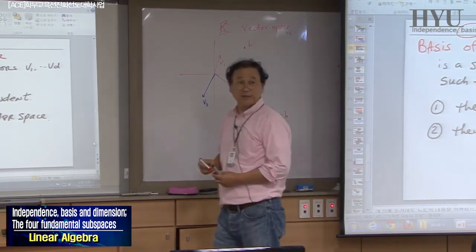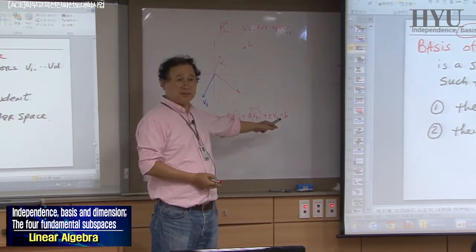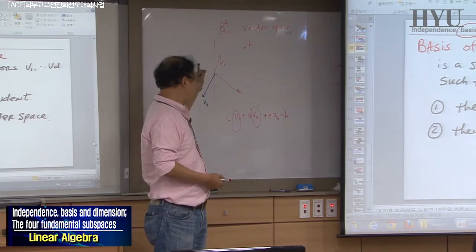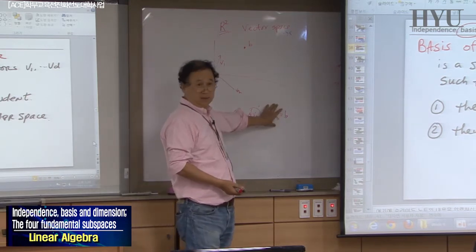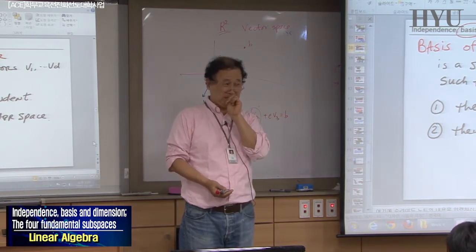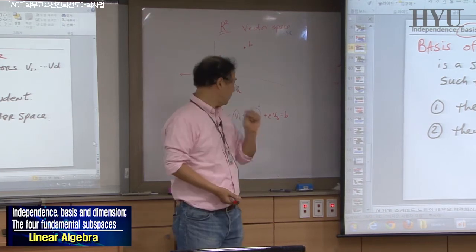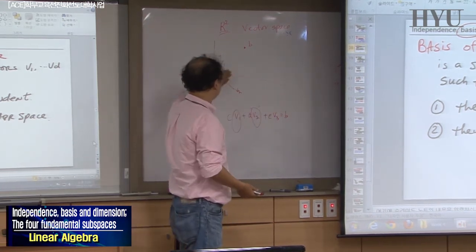I can do this way, right? Just introduce one more vector. But in this two-dimensional space, this is redundant. For two-dimensional, I can have only two, right? Hyung-tae, can you understand it? This is redundant, right? This one can be represented.